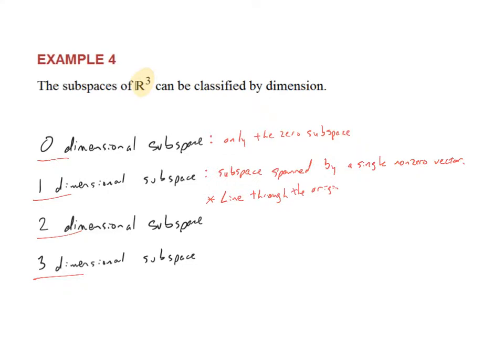That's what a 1-dimensional subspace of R3 is. Bumping it up then to a 2-dimensional subspace, this one is a subspace spanned by 2 linearly independent vectors. And what does that one look like? This looks like a plane, or planes through the origin.